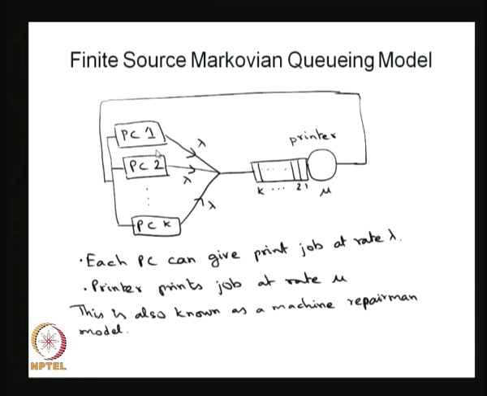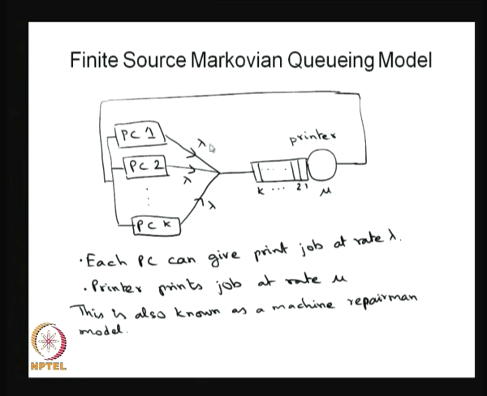Here the scenario is we have k PCs, and each PC can give a print job, and the inter-arrival of print jobs is exponentially distributed for each PC. Therefore, the print jobs follow an arrival process that is a Poisson process with parameter lambda from each PC.